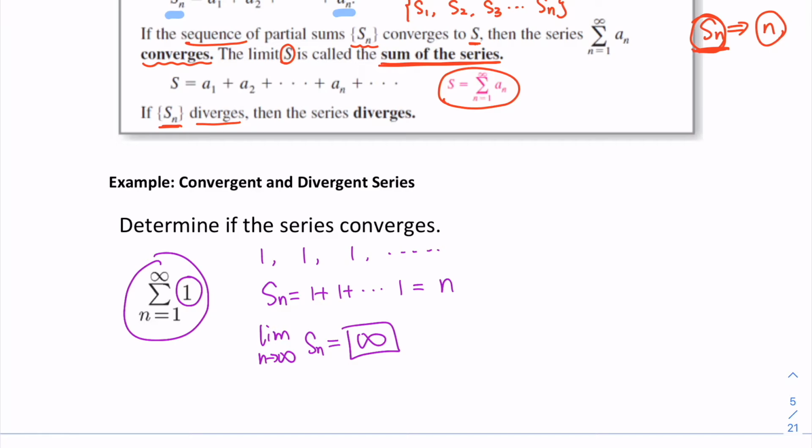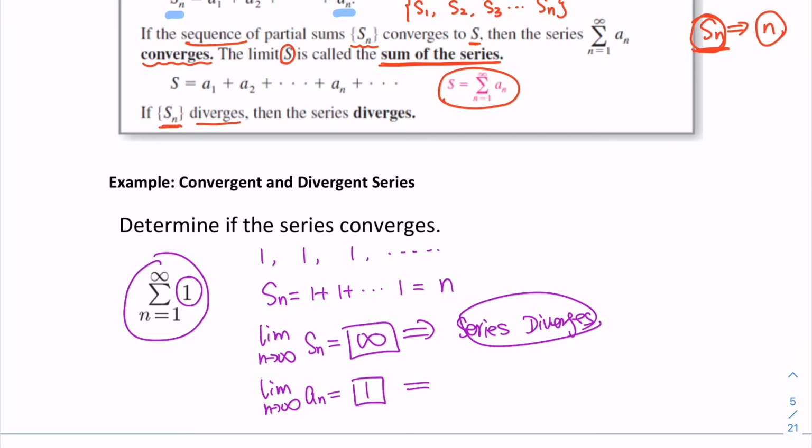So this tells us the series diverges. However, if you look at a of n, as n goes to infinity, a of n equals 1, which is a number. So the sequence does converge. So even if the sequence converges, that doesn't guarantee the series will converge. This is a very good example.